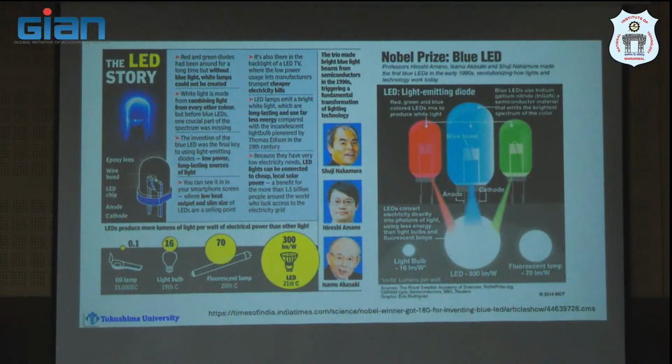It does not mean green and red are not important. They are important, but when blue was invented, it was a revolution. So that's why this blue is a little bigger, and also blue shows higher intensity.